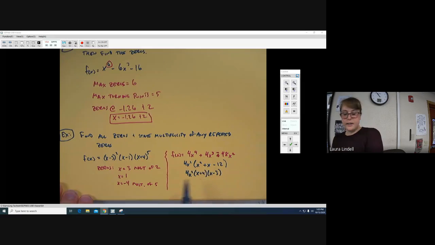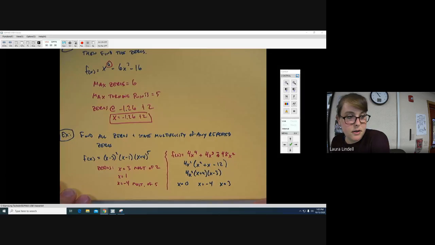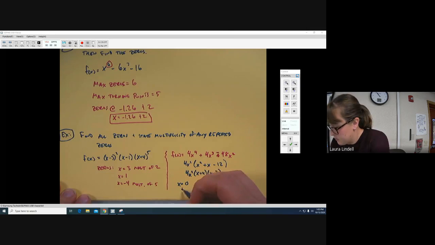So from here, we can tell that our zeros would be x equals 0, x equals -4, and x equals 3. But then 0 would have a multiplicity of 2.